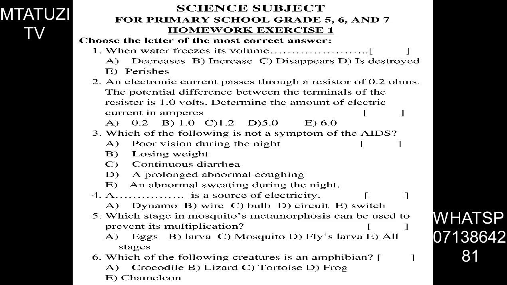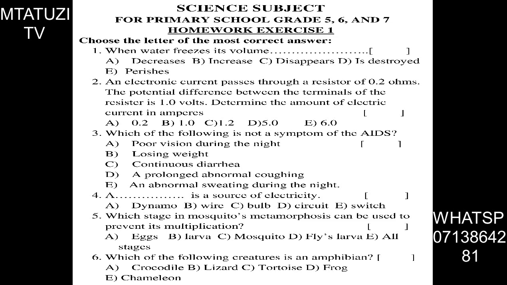The alternatives given for this question: A, eggs; B, larva; C, mosquito; D, fly's larva; E, all the stages. Which stage is better for you to prevent the multiplication of mosquitoes?